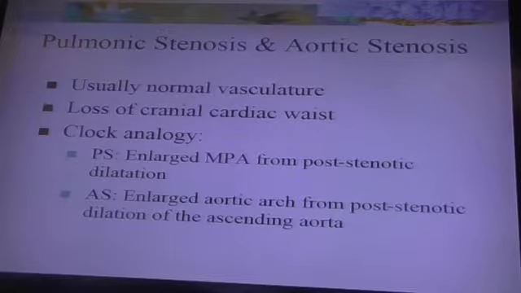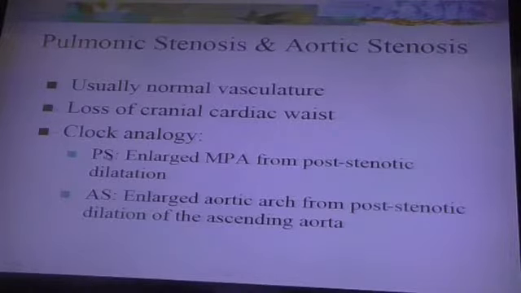And you had that already. So you have to determine whether the arteries are larger than normal, the veins are larger than normal, both are larger than normal, both are smaller than normal, etc. But these two conditions typically cause a normal vasculature. So you look at the clock analogy.